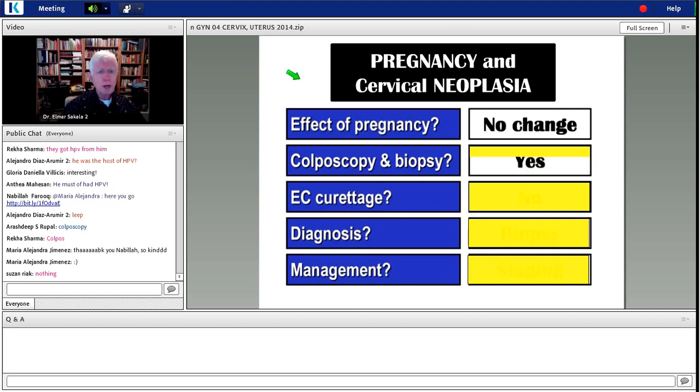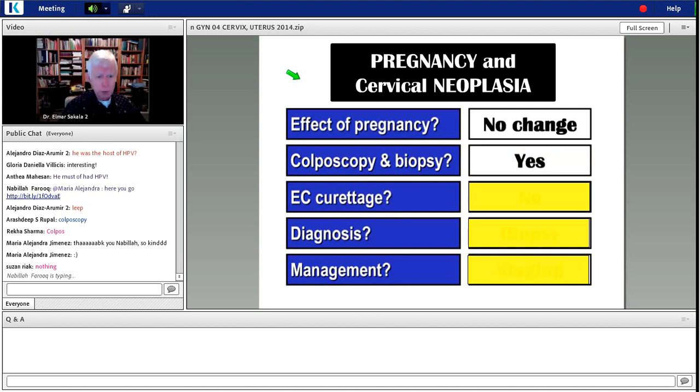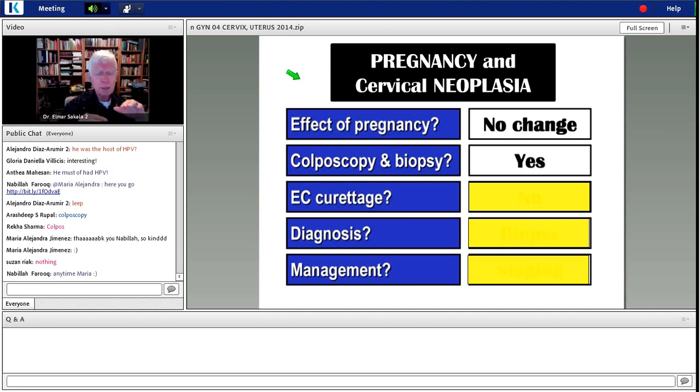Do we do colposcopy and biopsies? Yes, if we need to. But most commonly what happens with cervical dysplasia in pregnancy, she will see an experienced colposcopist who will look and say, I don't think that's invasive. Let's just repeat the colposcopy every trimester.